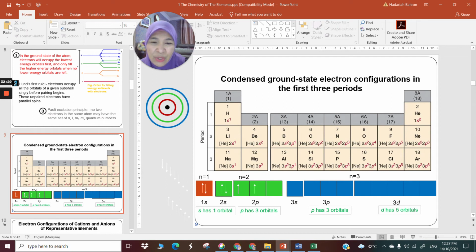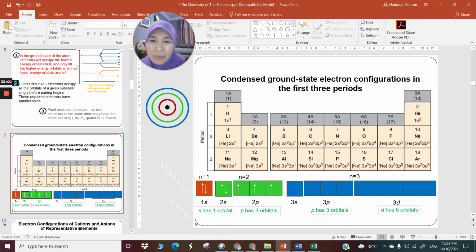And then electron number 7 will also have to occupy singly the p orbital because there are 3 at the same energy level in that position. So number 7 is nitrogen here. So nitrogen is 1s2, 2s2, 2p3. Then electron number 8 will come along.